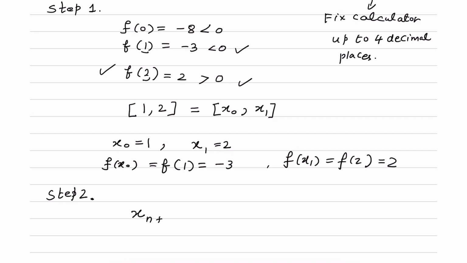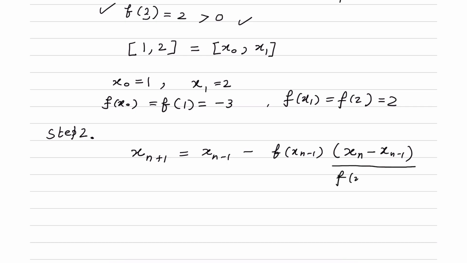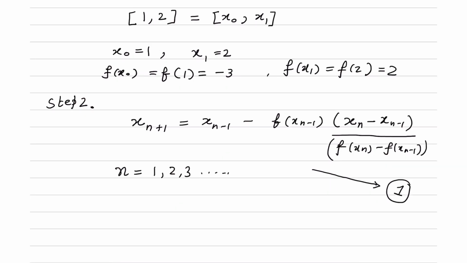The formula is x n plus 1 equals x n minus 1 minus f of x n minus 1 into x n minus x n minus 1, divided by f of x n minus f of x n minus 1. In this formula, n is running from 1 to 3. Let's call this formula 1.